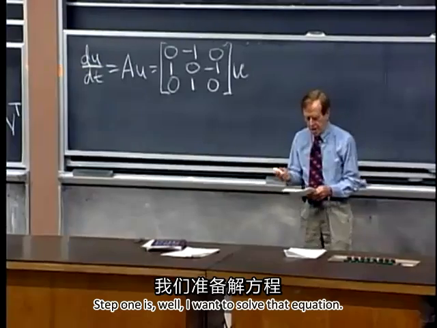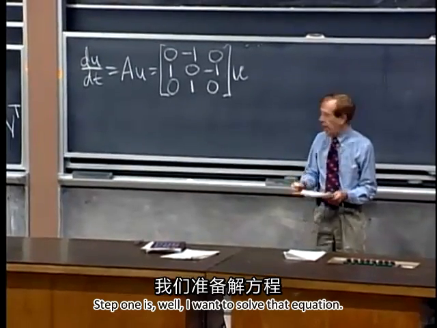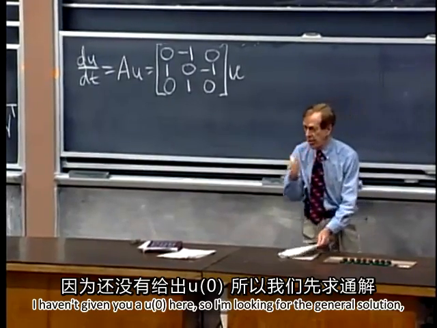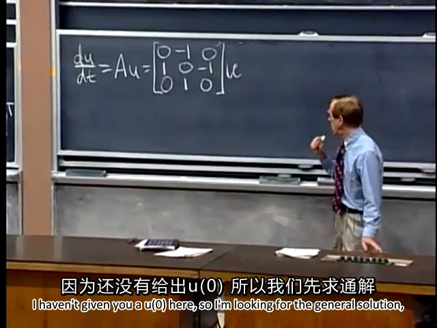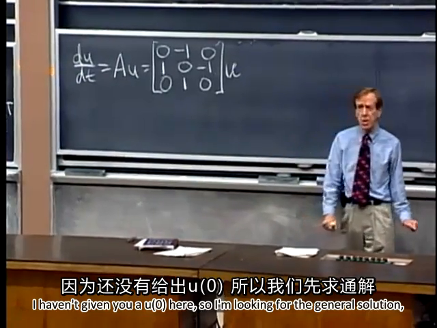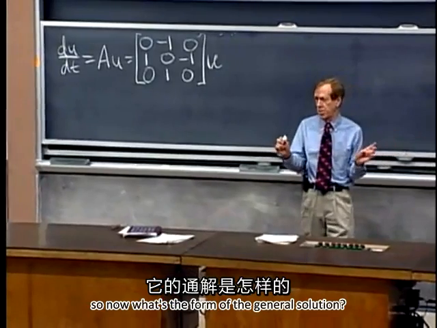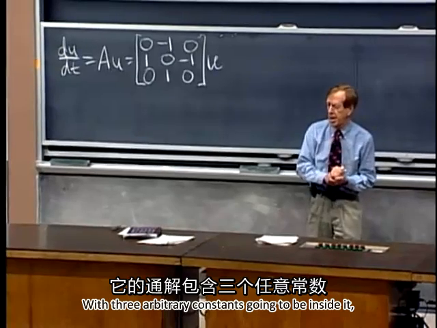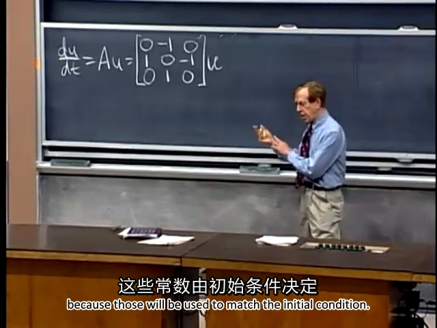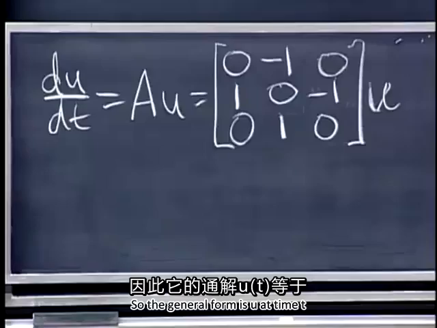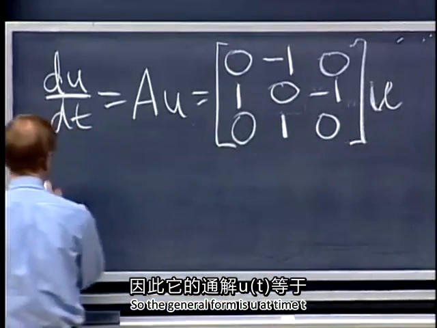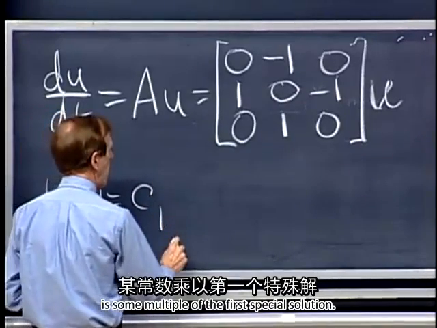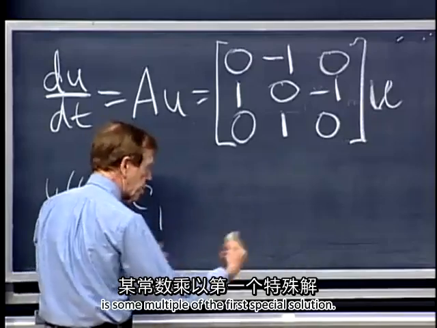Okay, step one: I want to solve that equation. I want to find the general solution. I haven't given you a u of 0 here, so I'm looking for the general solution. So what's the form of the general solution? With 3 arbitrary constants inside it, because those will be used to match the initial condition. So the general form is u at time t is some multiple of the first special solution.